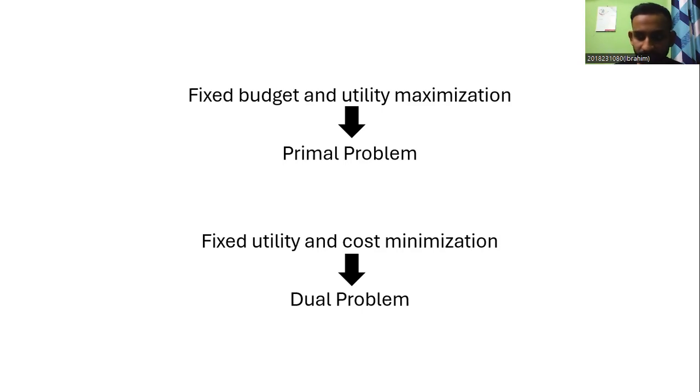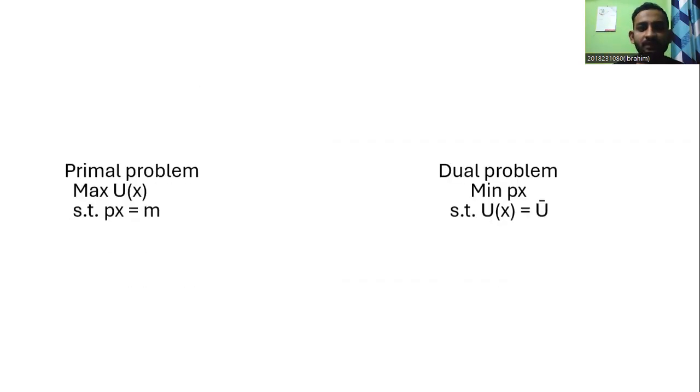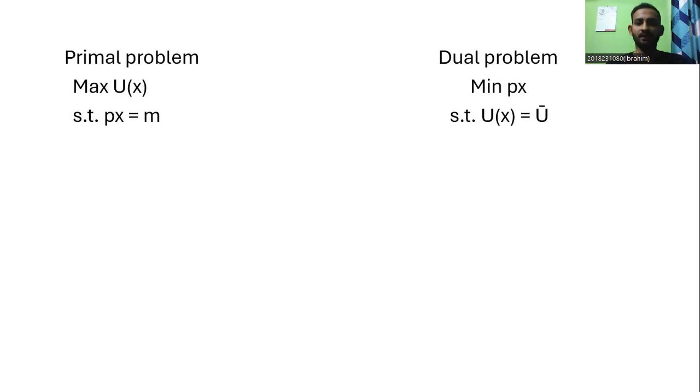So here I made a simple slide that illustrates the primal problem and the dual problem on two sides, so everyone can easily understand the subject to constraint and the maximization or minimization problem of the primal and dual problem.